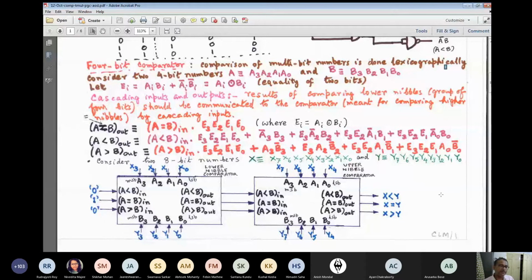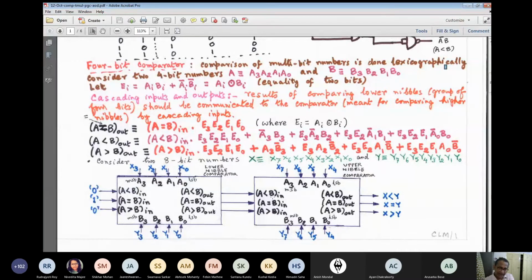Here, you start from the least significant side and progress toward higher and higher significance, and in the final nibble you have the comparison between the two highest significance nibbles. For example, here with 8-bit numbers, you can experiment on two 8-bit numbers also. I require two nibble comparators between two 8-bit numbers. These are the lower nibble, these are the upper nibble.